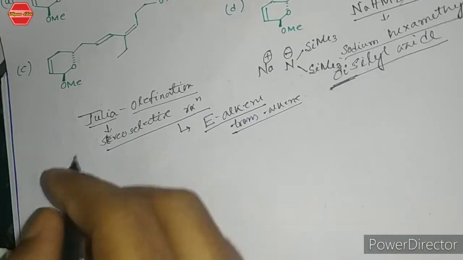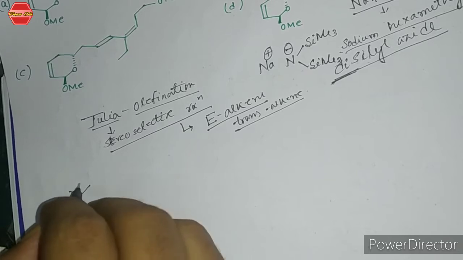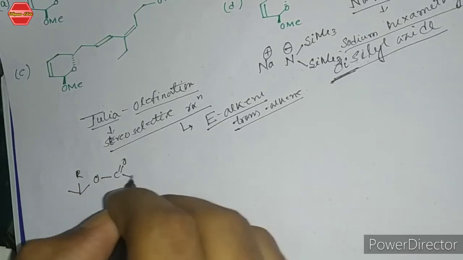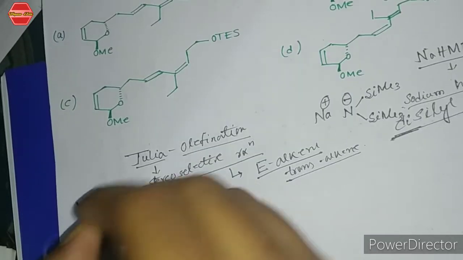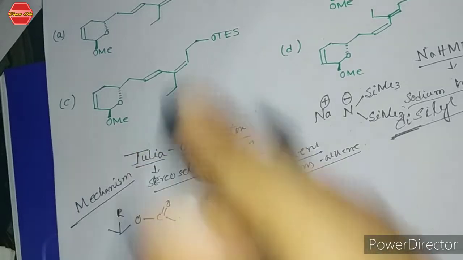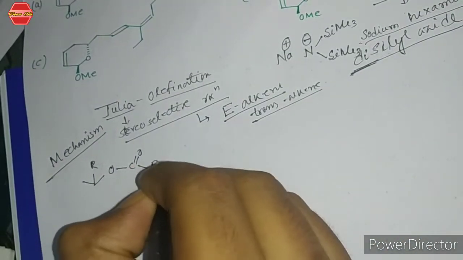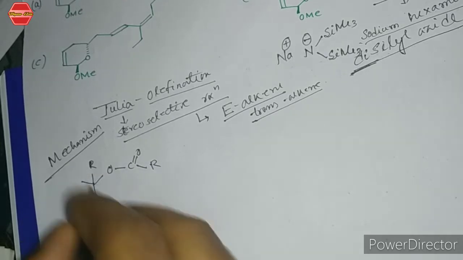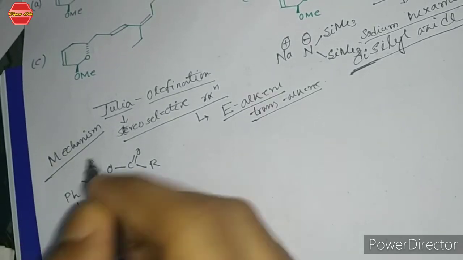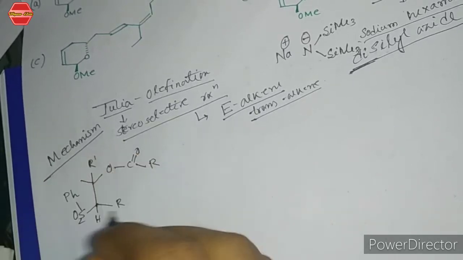Now I am writing a structure like this for the mechanism. Here is the structure with SO2Ph, and R1 and R2.